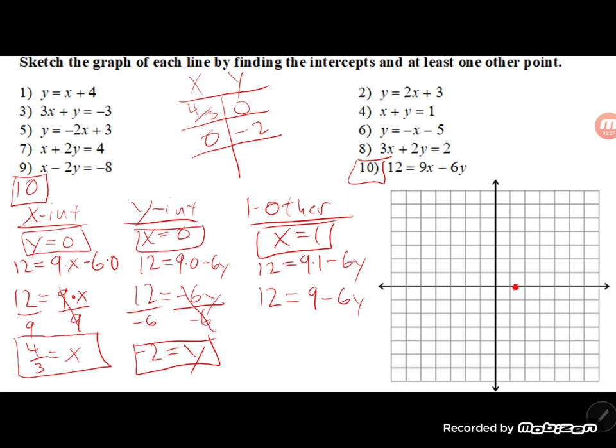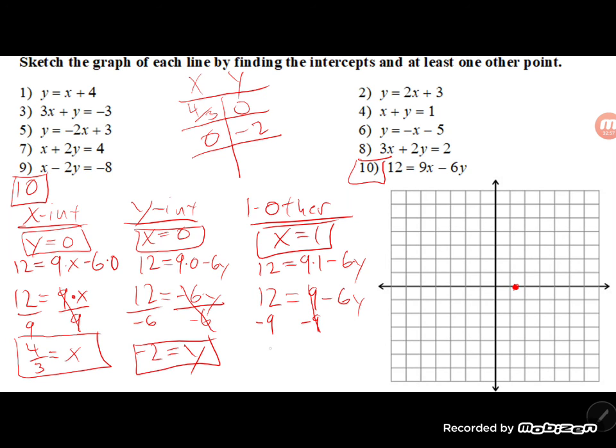And now I'm going to solve. I notice I need to solve for y, so what do I need to do to solve for it? Well, it says 9 minus 6y, but I realize that is a positive 9 that is acting on the negative 6y. So I need to get rid of a positive 9. How do I do that? Well, I can take 9 away from both sides. So if I take 9 away from both sides, well, 9 minus 9 will now cancel.